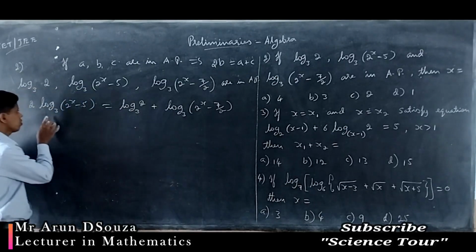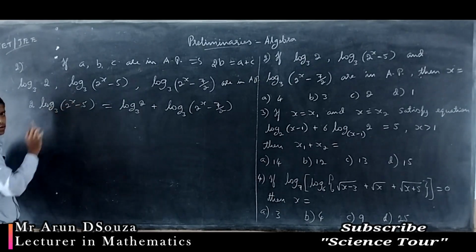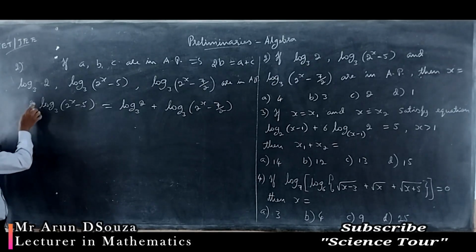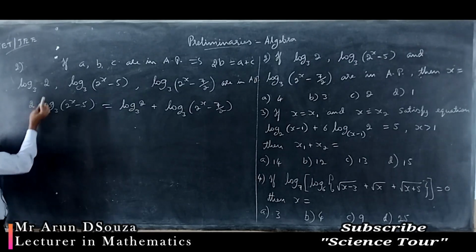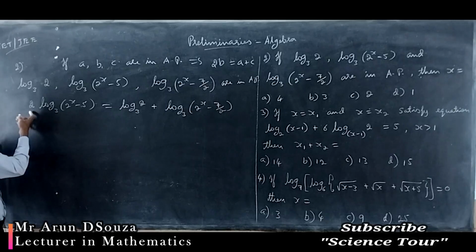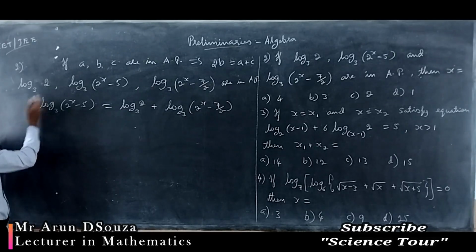Well, what about this? I want to cancel log on both sides, but there is this term which is a hurdle for us. We have to convince him to move somewhere so that I can cancel log. This 2 is in front like a wall, not allowing me to cancel, so I have to move him.